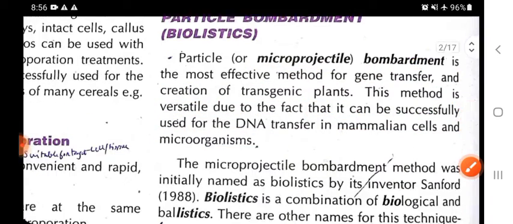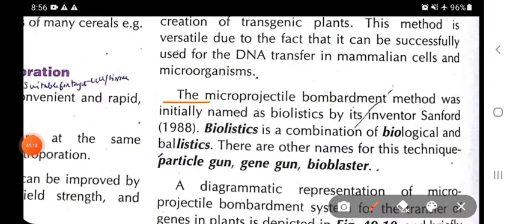The microprojectile bombardment method was initially named the ballistic method by an inventor called Sanford. Sanford invented this ballistic method in the year 1988. Now, how did the name biolistics come?